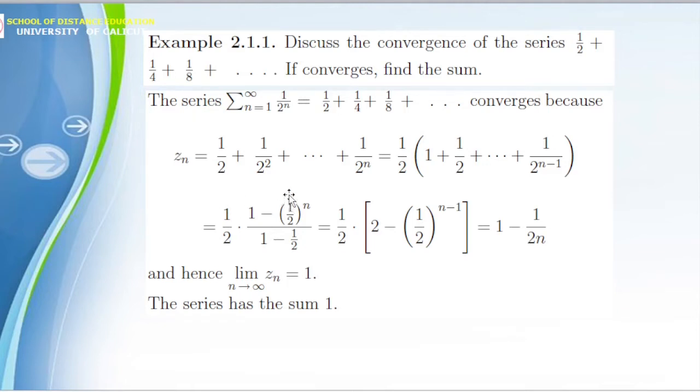So the sum of the series, using the formula, is 1 by 2 into 1 minus 1 by 2 raised to n, divided by 1 minus 1 by 2. That is 1 minus 1 by 2 to the n. As n tends to infinity, the 1 by 2 to the n term goes to 0. So the limit is 1. So the series is convergent and its sum is 1.